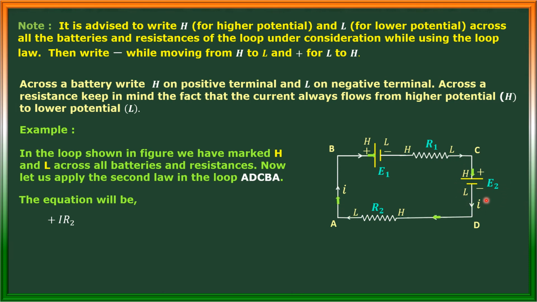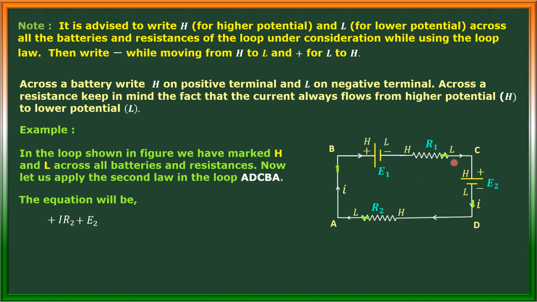So I am moving from L to H, lower potential to higher potential. Then take the EMF of this battery as plus E2. Now I am here at C. Then I am crossing the resistor from lower to higher potential. That means potential is increasing.